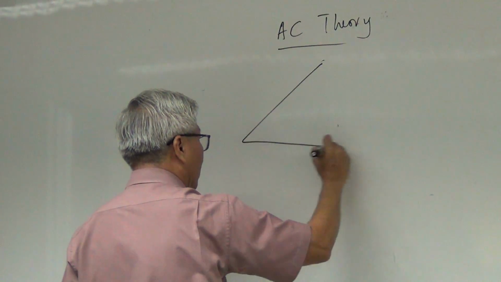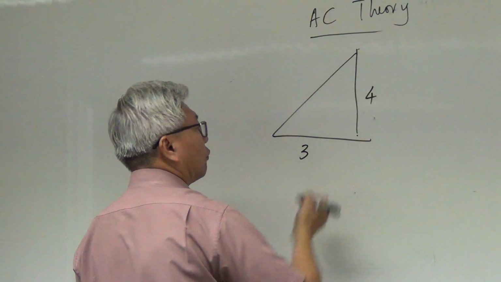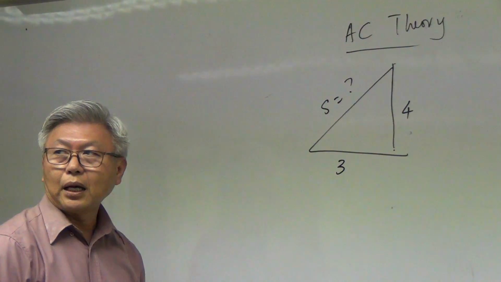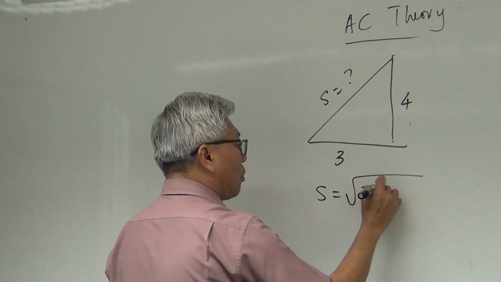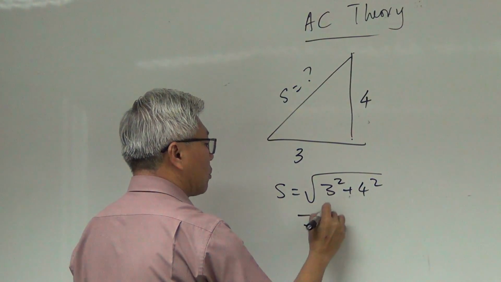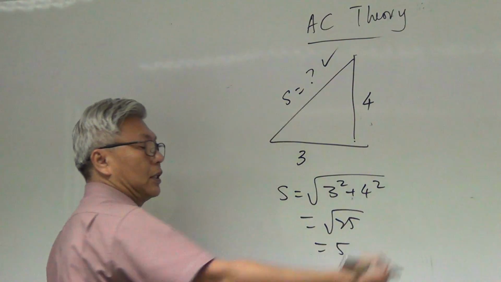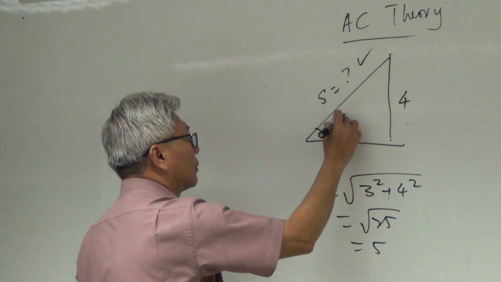Okay, so I have a right angle triangle, and I say that this is equal to 3 and this is equal to 4. Then I ask you, hey, what is this? You can use Pythagoras theorem. S is equal to the square root of 3 square plus 4 square, which is square root of 25, so that's 5. So you know now S is equal to 5. Then say, hey, find me the theta.